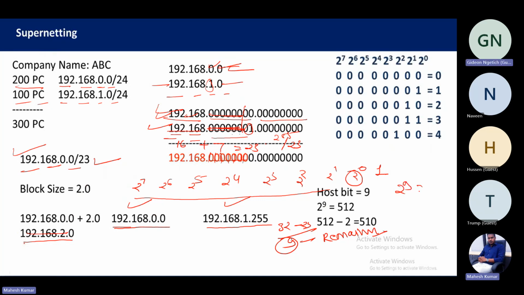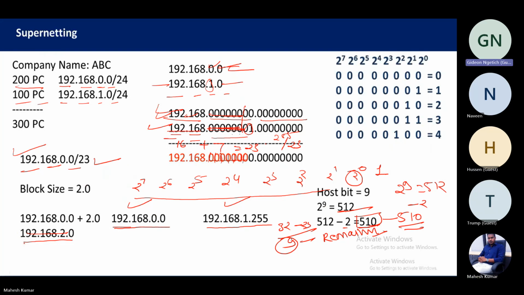So 2 to the power 9 equals 512, minus 2, so the valid IPs will be 510. So 510 PCs we can use without changing the IPs.